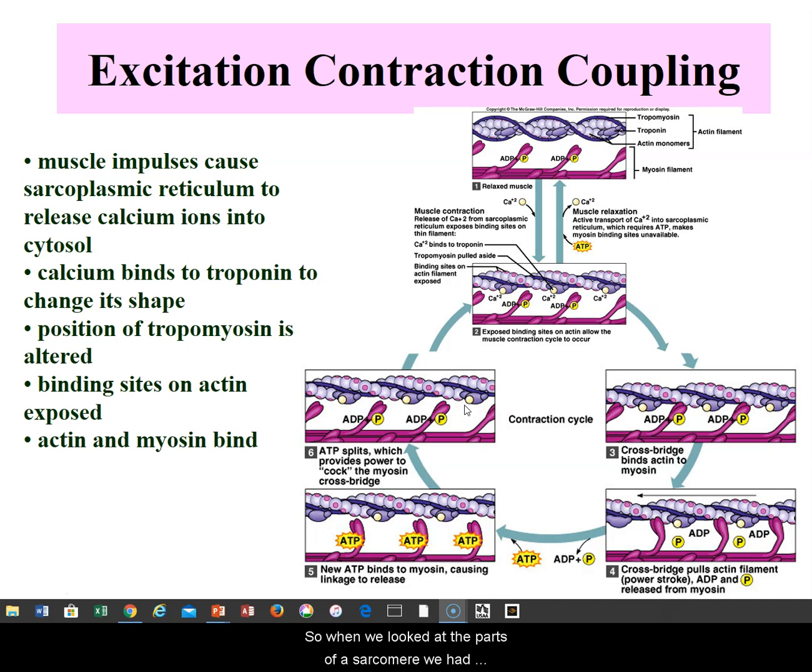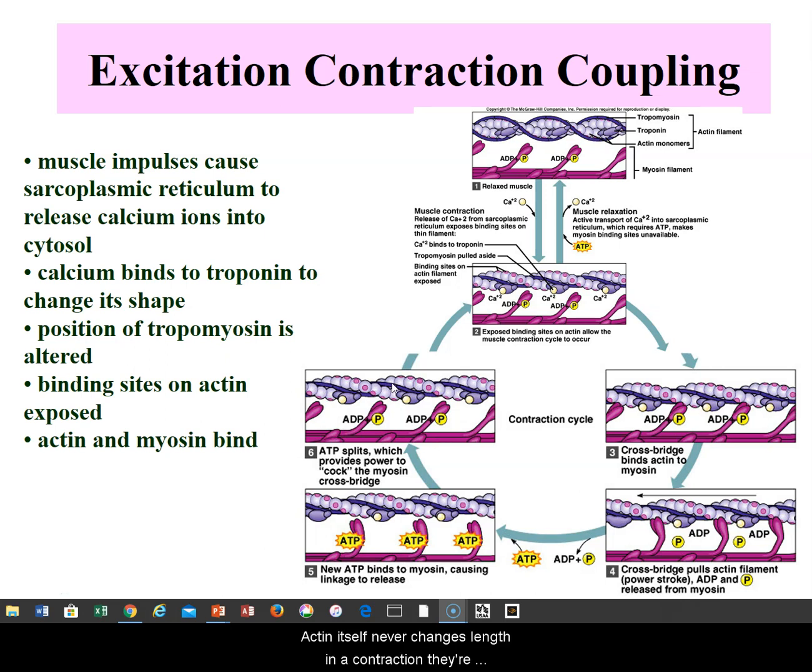So when we looked at the parts of a sarcomere, we had the myosin and the actin, we had the I band and the A band, and that A band was the length of the myosin. The A band never changes width or length.